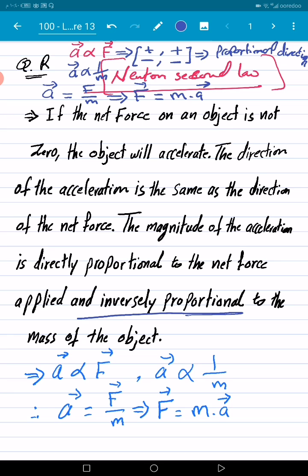And we know the acceleration is a vector quantity, because it depends on the magnitude and the direction. So that is from the previous lecture.